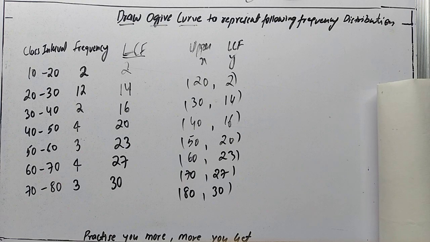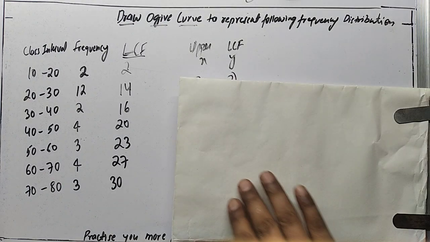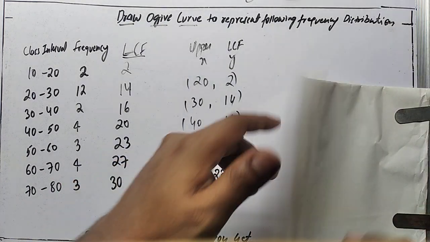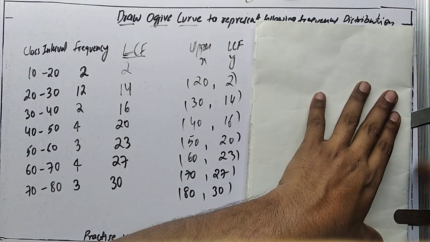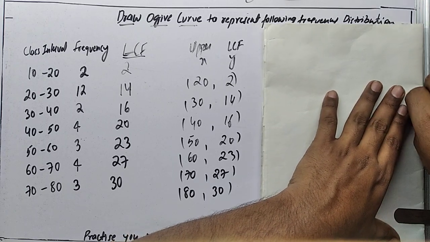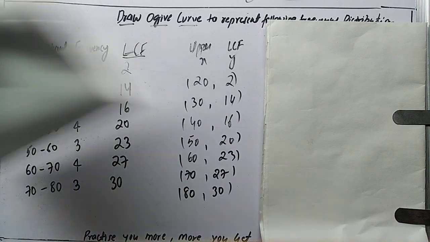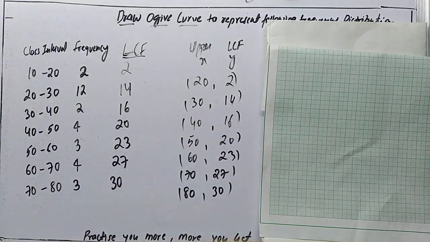So I will just take a graph. Okay, we have to draw the two axes, one on the x and another on the y. Let me zoom in.